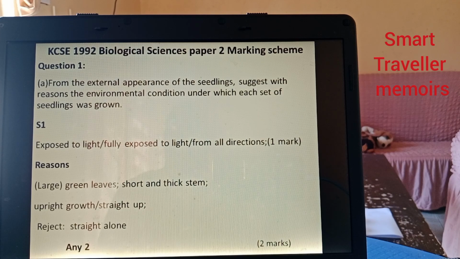Reasons: it has large green leaves, a short and thick stem, a thick upright growth or straight up growth. Reject straight alone without putting straight up. Any two marks.